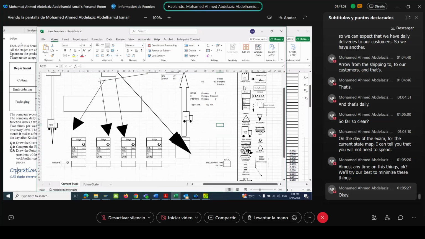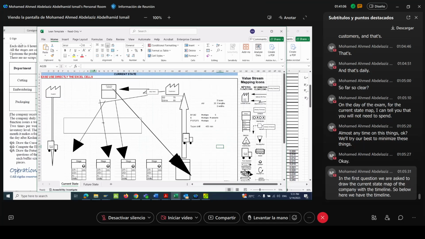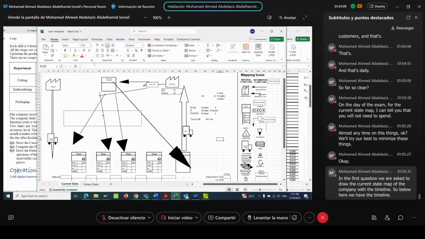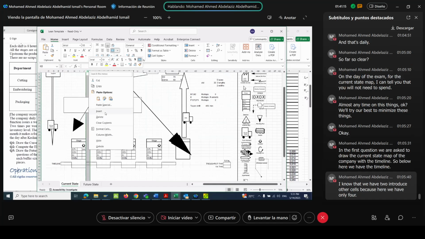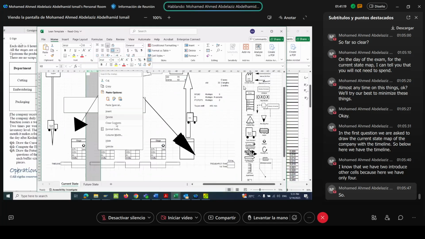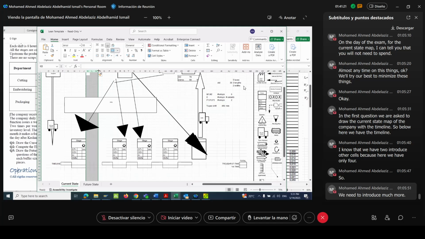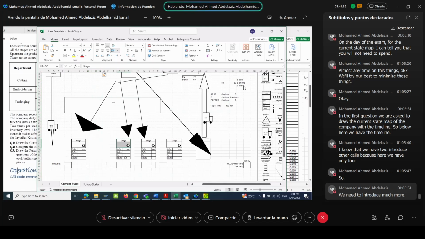So below here, we have the timeline. I know that we have to introduce other cells because here we have only 4. So we need to introduce much more. And okay, I just need to see if it's going to take it, yeah.